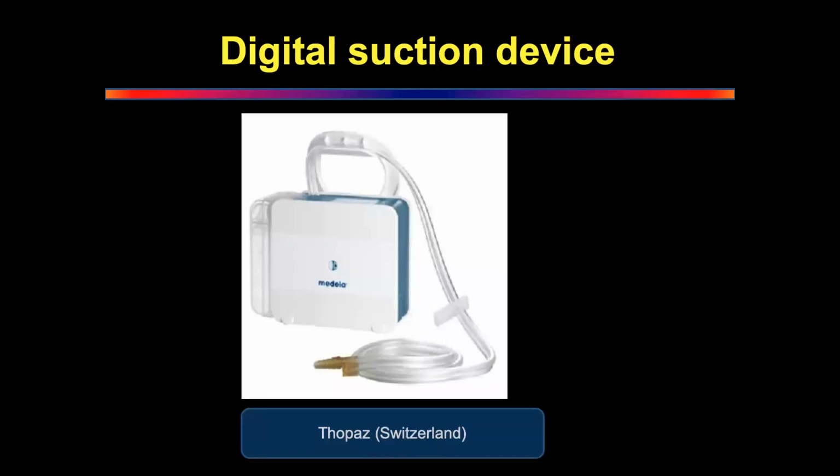This is a digital suction device, also called a digital regulated suction device, specially made for the chest. It is a gentle suction pressure device. It consists of tubings, a collection canister, and a system which regulates the pressure within the canister.